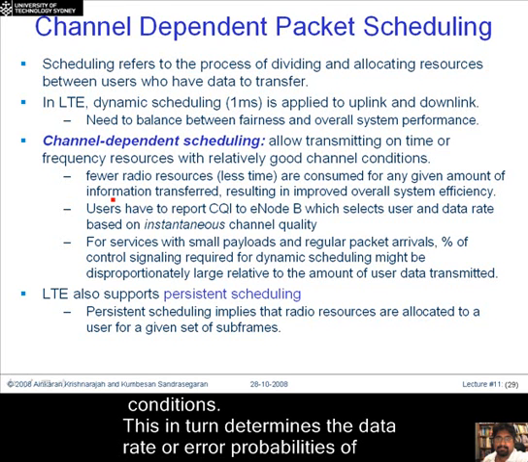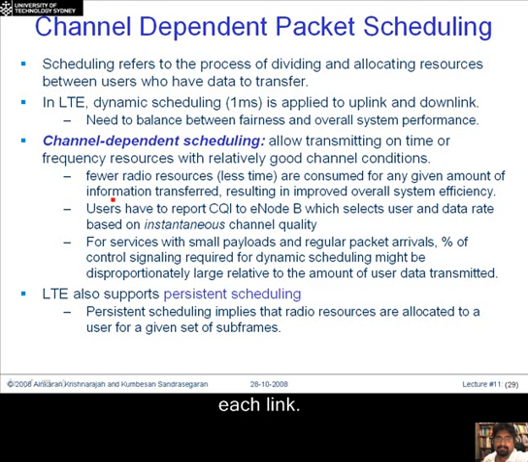So two types of scheduling, channel dependent scheduling and persistent scheduling, are specified for LTE. By the time LTE actually rolls out, there might be other scheduling mechanisms as well, because a lot of these things are being researched.